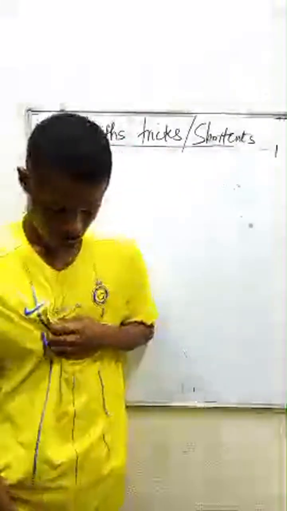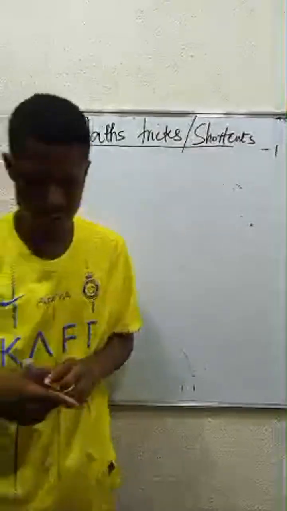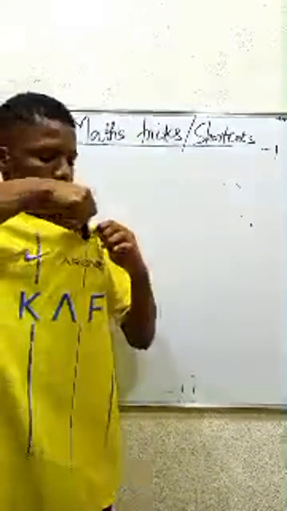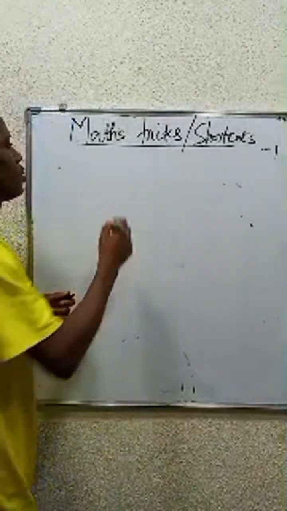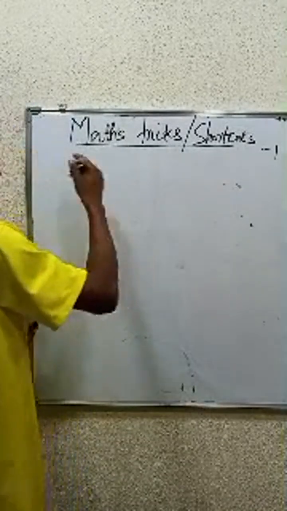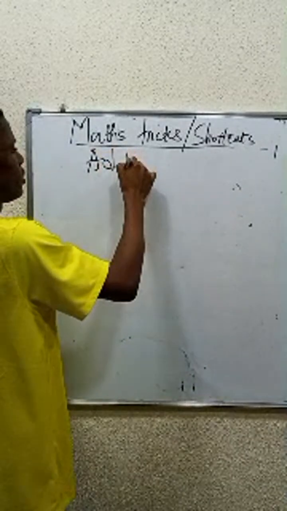Today we'll be looking at math tricks and shortcuts. We are going to look at a few examples before the day runs out. The first one we'll look at is how to add unit fractions.